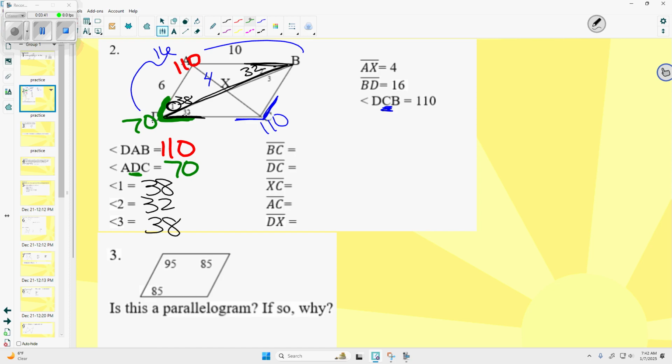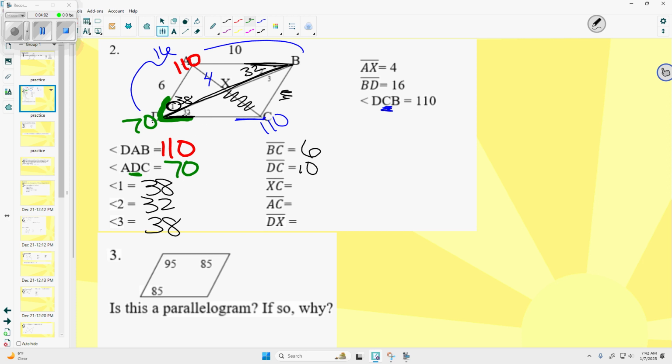All right, so then I need BC. Now I lost where my letters are. BC is over here. How much that got to be? 6, because opposite sides are congruent. How about DC, which is down here? 10. Opposite sides are congruent.